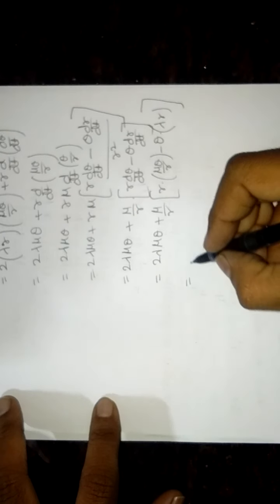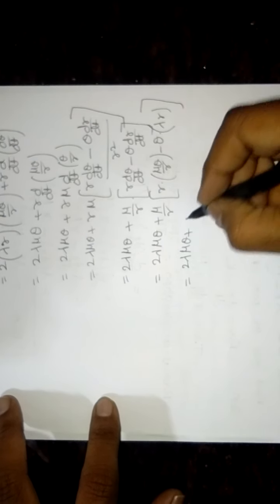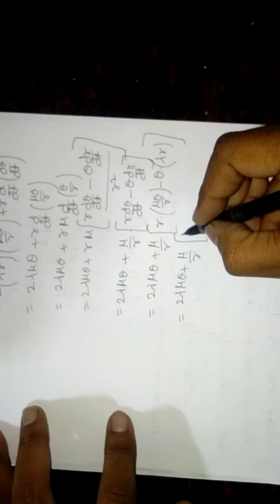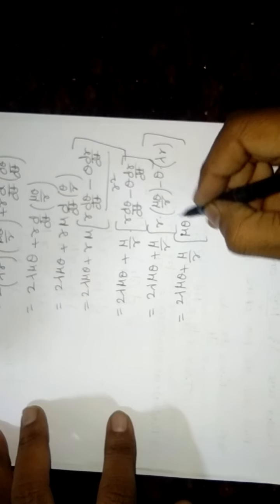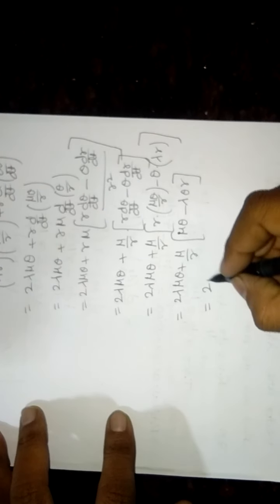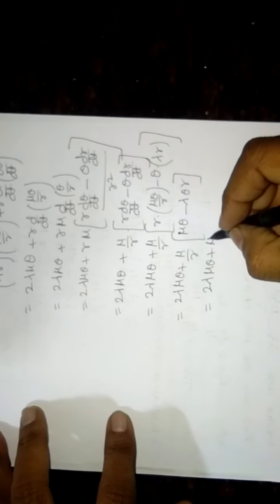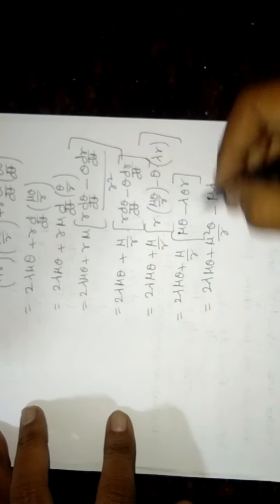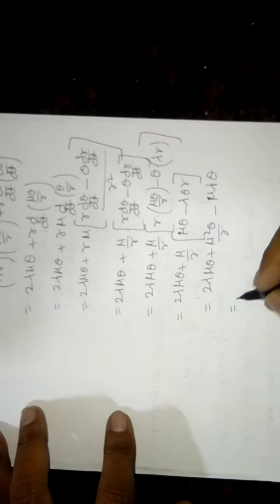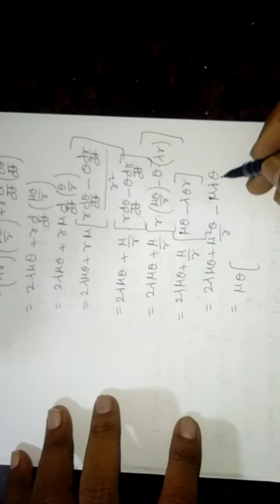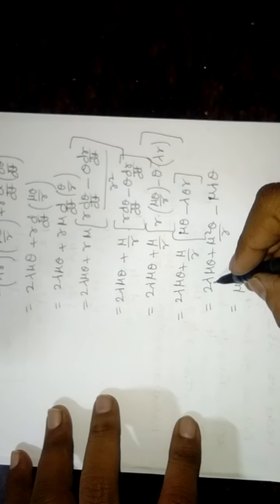Now simplify this: 2 lambda mu theta plus mu by r into, one r gets cancelled, that is mu theta minus lambda theta r, which is equal to 2 lambda mu theta plus mu square theta by r minus mu lambda theta, minus mu lambda r gets cancelled, mu lambda theta, which is equal to, by taking mu theta common, 2 lambda mu theta minus mu lambda theta, it gives only 1 lambda mu theta.